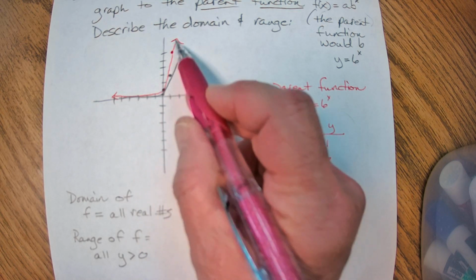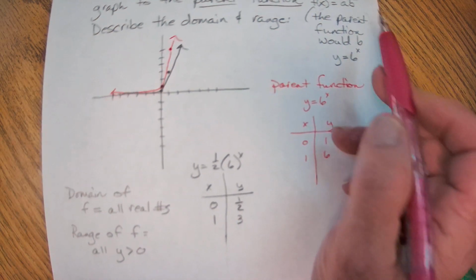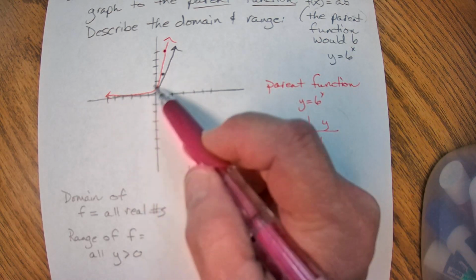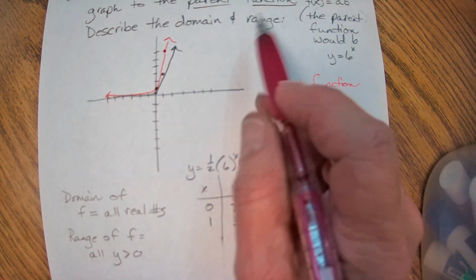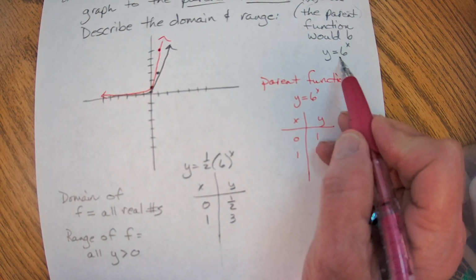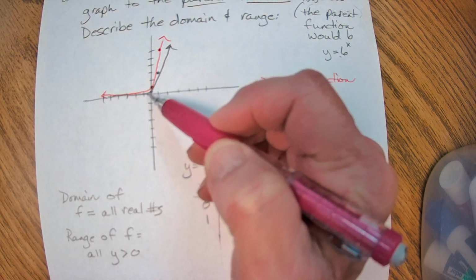The red marks the parent function. The parent function would be y equals 6 to the x, which is in red. Notice that on the parent function, a is 1. If I change a to 1/2, it becomes the penciled graph.